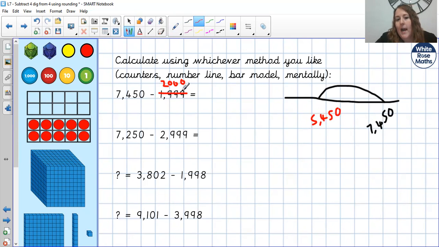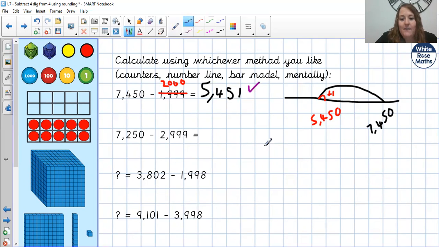But then because we took away too many, I need to add that 1 back on. So if you've got the answer 5,451, give yourselves a tick.